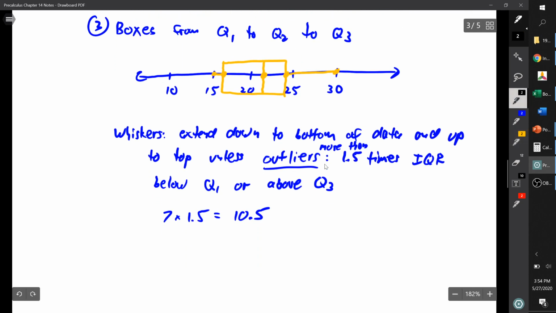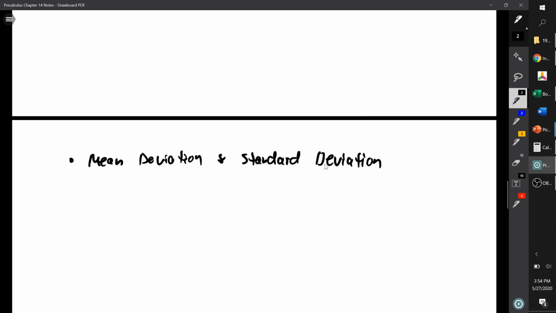And then we move on to the big topic of mean deviation and standard deviation. Mean deviation is basically how far, so find the average of your set of data, and then find what the average distance from the average your data points are.